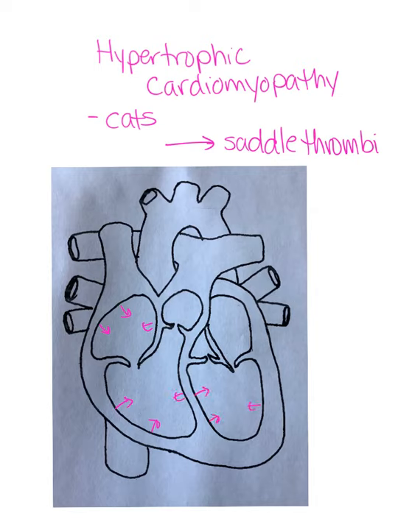So instead of having nice big heart chambers, we end up with much smaller and constricted heart chambers. So a lot less area for the blood to pump through. Things can get a lot more turbulent in here, and it can lead to clots getting thrown out into the body and those saddle thrombi happening.